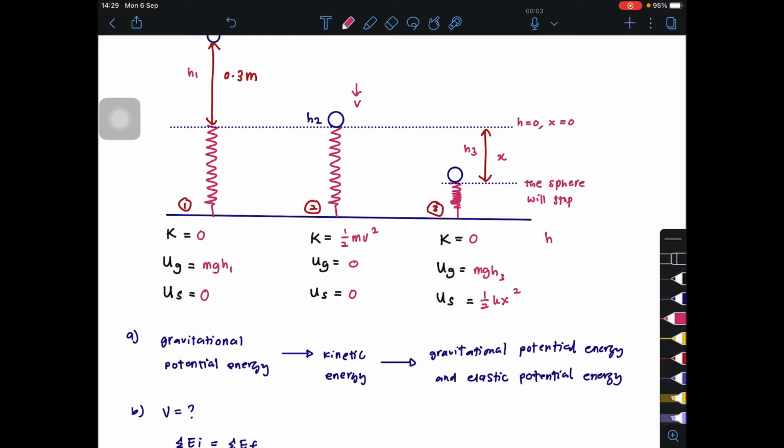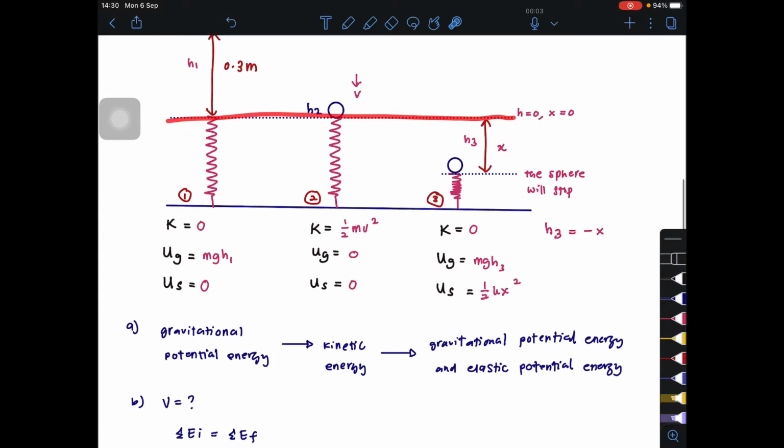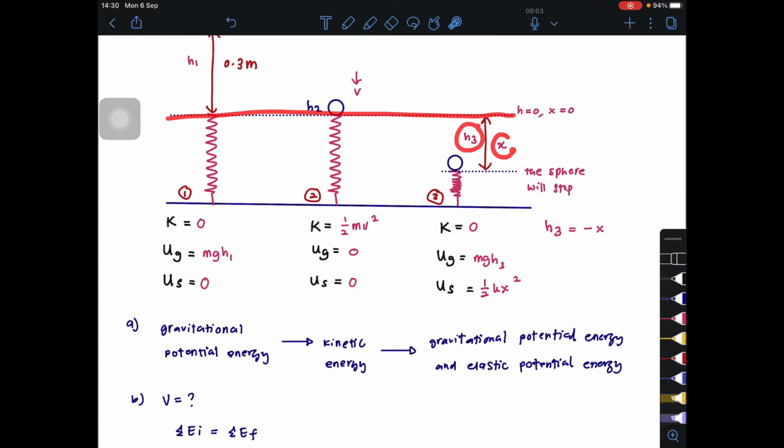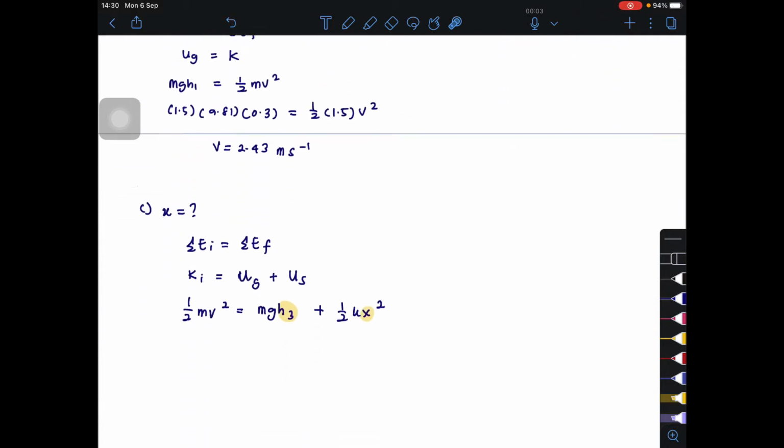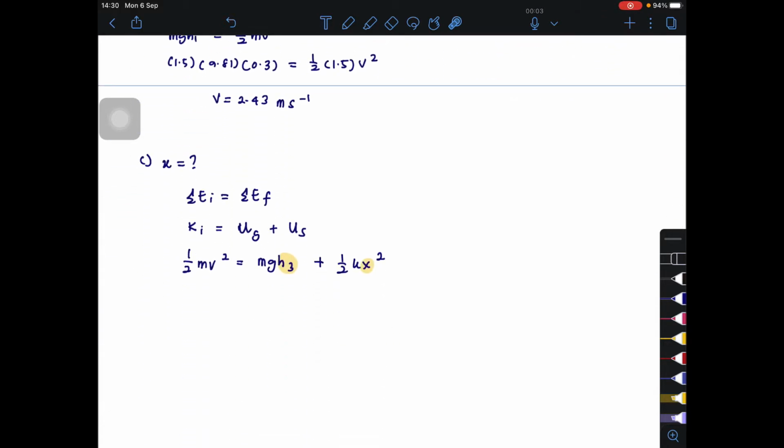So H3 is equal to negative X. X ni still X. It doesn't matter because dia adalah compression, dia bukan displacement, dia bukan kedudukan. So H3 ni lah adalah the height, okay, the position. So that's why kita akan letakkan negative, sebab dia adalah di bawah position h sama dengan kosong. Value dia akan sama. So H3 will be negative X.